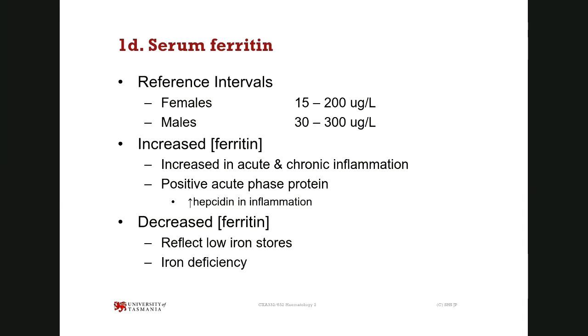Finally, we're going to have a look at serum ferritin. Until the development of serum ferritin assays, the only way to truly assess body iron stores was to take a sample of bone marrow and stain it with Pearl's Prussian blue. Because this is such an invasive procedure, we really didn't have regular assessment of body iron.